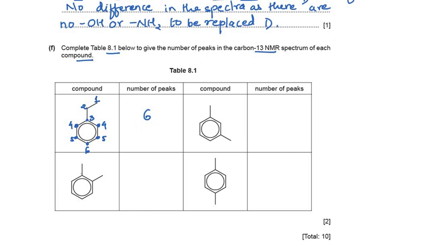Now if you look at the next compound down here, what I suggest is, when you have such a complicated structure, look for the line of symmetry. Now if we look at the line of symmetry, I can draw a line of symmetry here. Now look at how many carbon atoms are in a similar environment. So here both of these carbons are CH3 and in the same environment, so it's going to produce one type of peak.